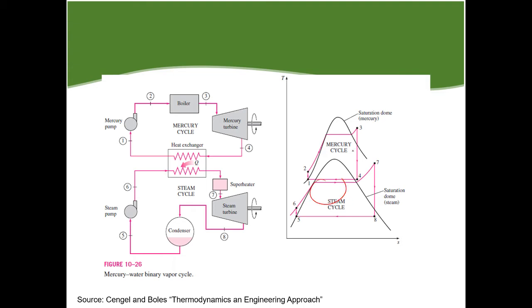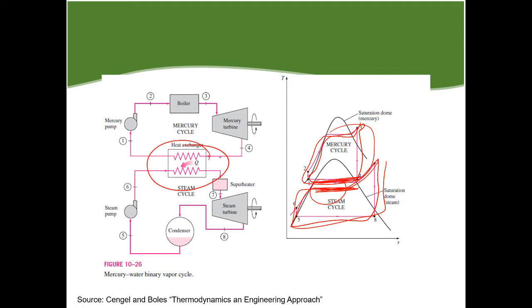So, ito yun. Yung water na fluid dito sa ilalim, sa bottoming cycle. Yung mercury, for example, yun yung other working fluid natin, nandito sa taas. Pansin nyo na yung condenser ng mercury, yung boiler ng water.